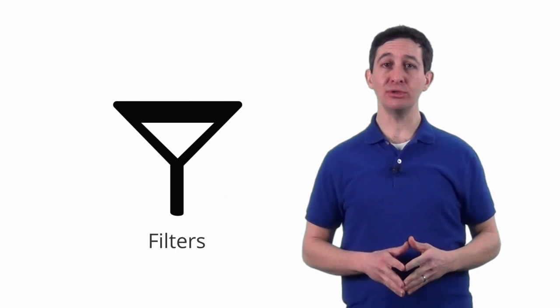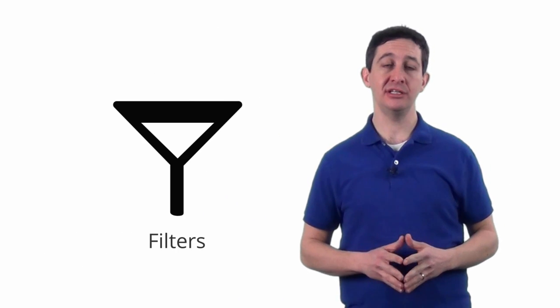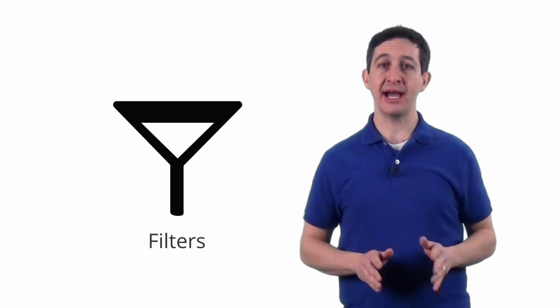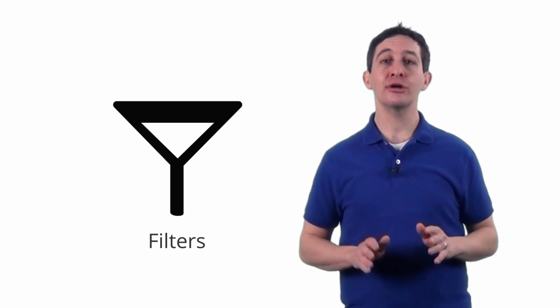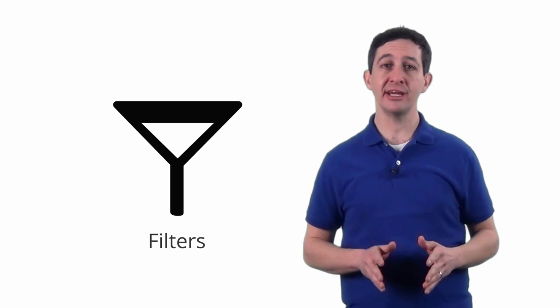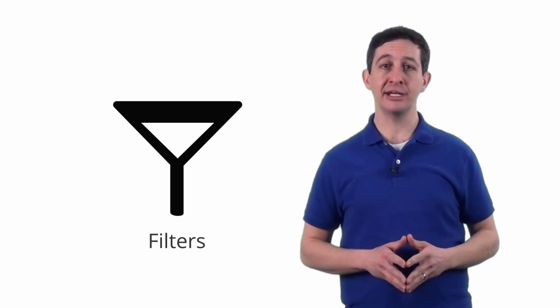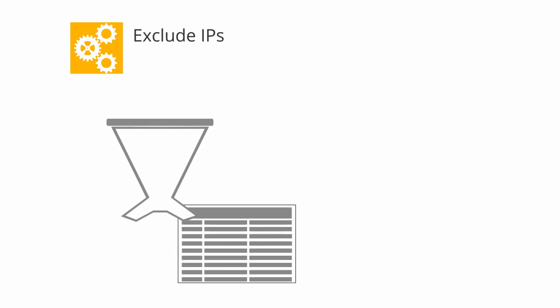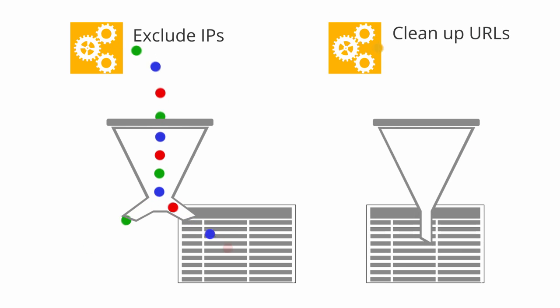Filters provide a flexible way you can modify the data within each view. You can use them to exclude data, include data, or actually change how the data looks in your reports. Filters help you transform the data so it's better aligned with your reporting needs. For example, you can create a filter to exclude traffic from a particular IP address or to convert messy page URLs into readable text.